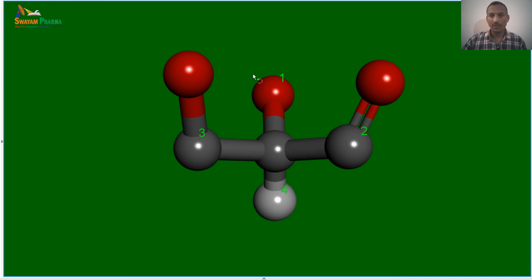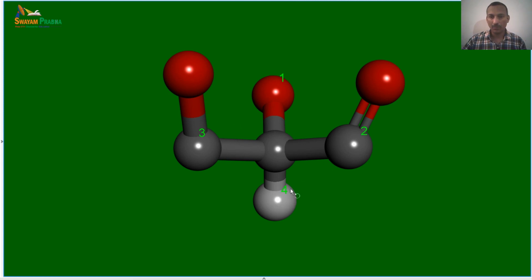Here is the three-dimensional representation of the same molecule. OH is at the top, CHO is at the right side, CH2OH is on the left hand side, hydrogen is at the bottom. For convenience, I have not shown the hydrogen for the hydroxyl group, aldehyde and CH2OH, because this becomes much easier for us to visualize the molecule.